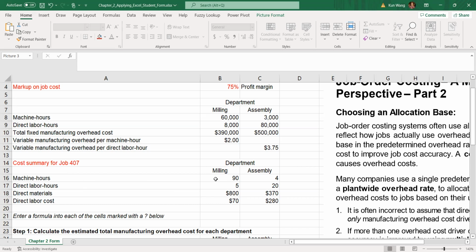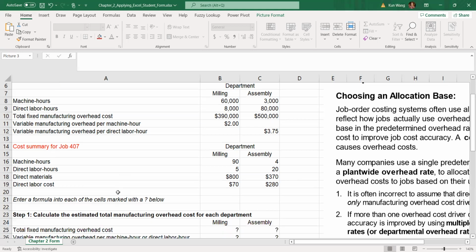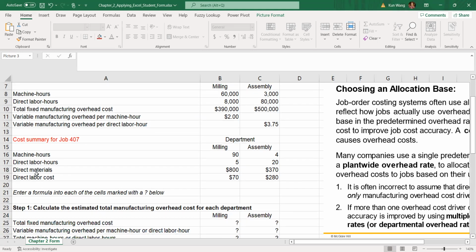For milling, again you can see the dominant is machine hours, with 90 hours actual consumption, and for assembly it is 20 direct labor hours. Then we have the direct material and direct labor cost given already, because they are direct costs that can be directly traced to the job in each department. We just need to add them together later.